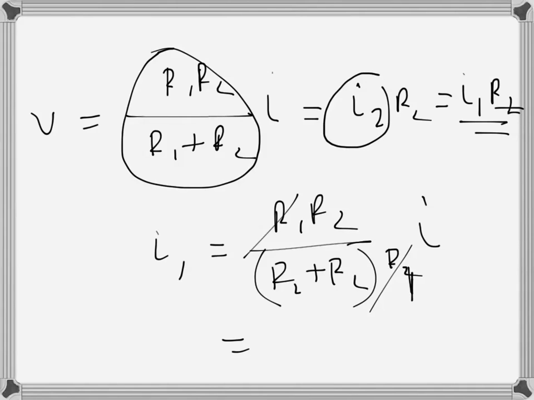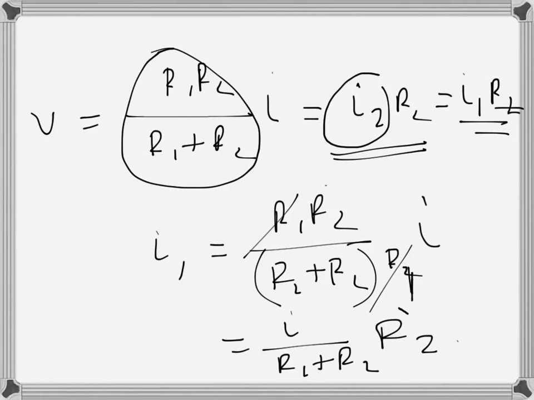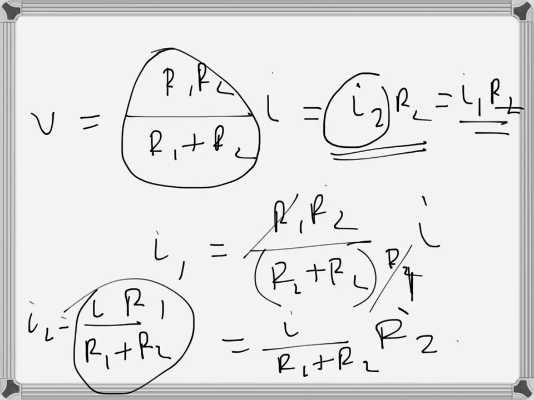That's why here we have R2 in the formula. Similarly, if we took this one, the R2 would be gone, and we would have the other resistance, which is R1. So we can use this to find the respective current through two parallel resistances.